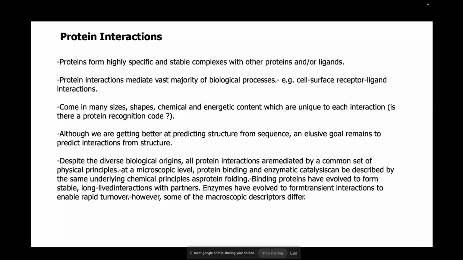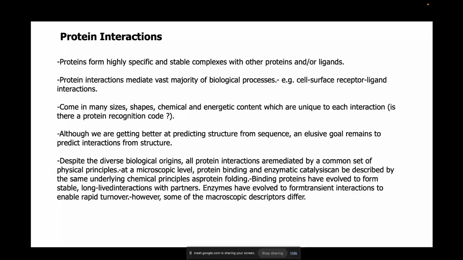Can you predict the interactions of the proteins, the amino acids that are going to be present? Despite the diverse biological origins, all protein interactions are mediated by a common set of physical properties. At the microscopic level, protein binding and enzyme catalysis can be described by the same underlying chemical properties as protein folding.